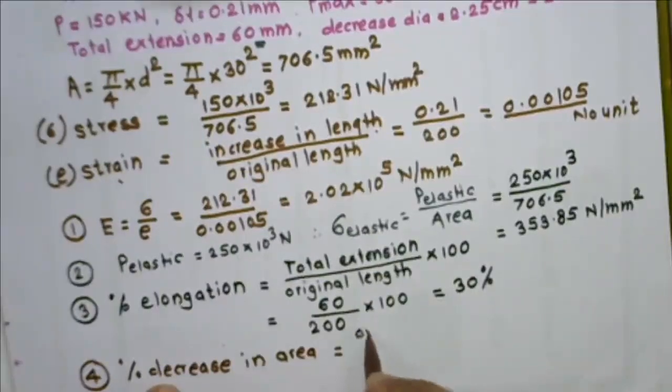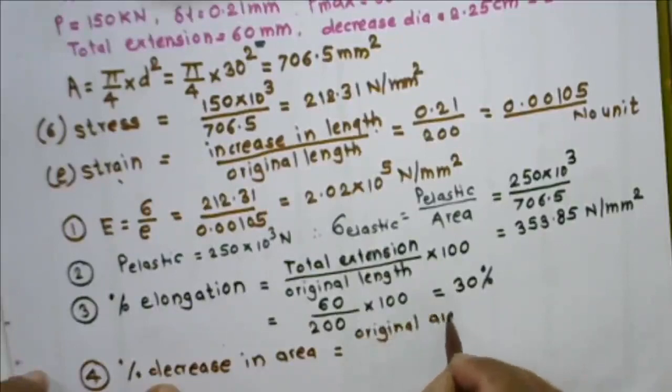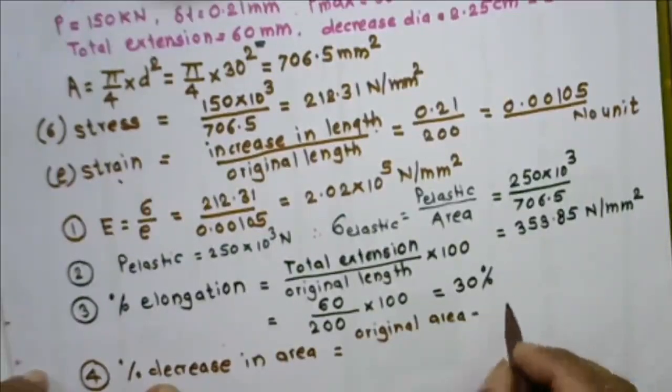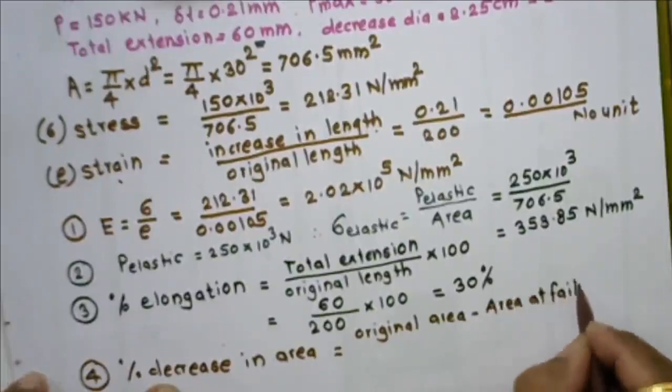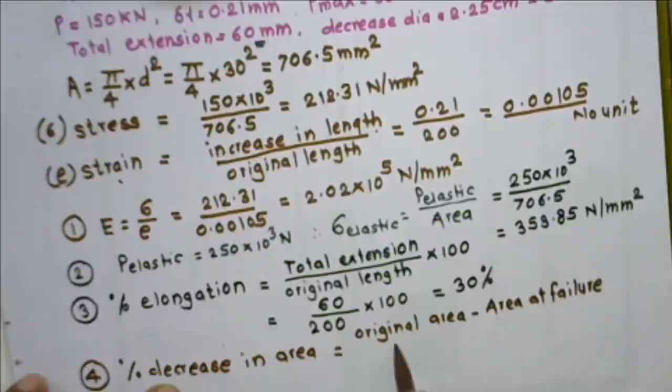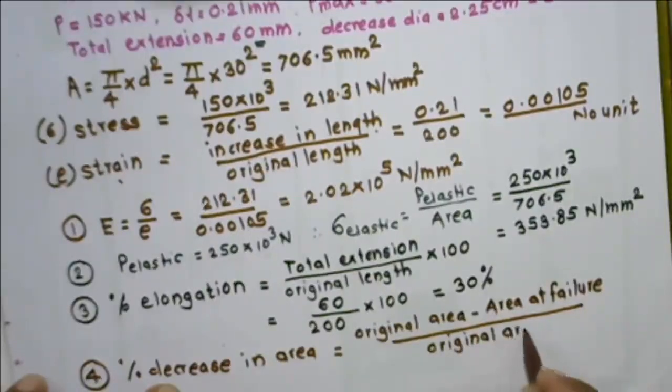So the formula will be original area of cross section minus area at failure, or you may say neck, divided by original area, into 100.